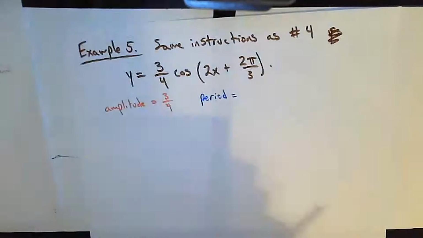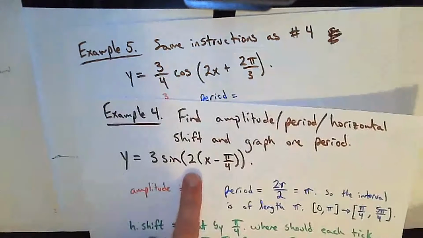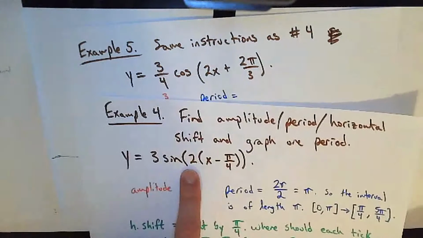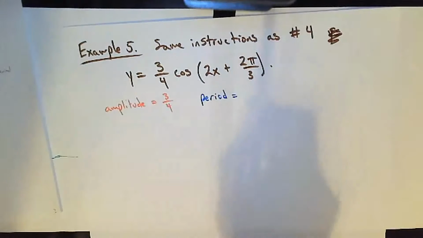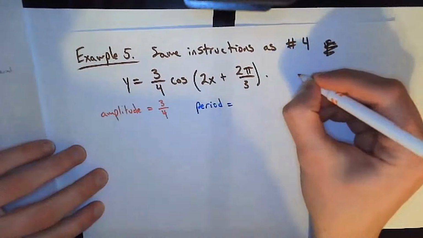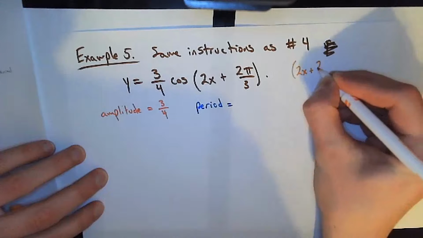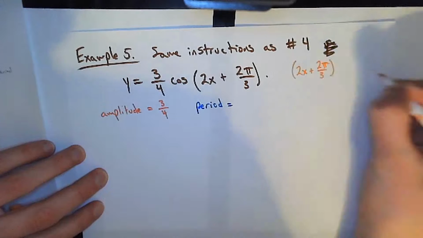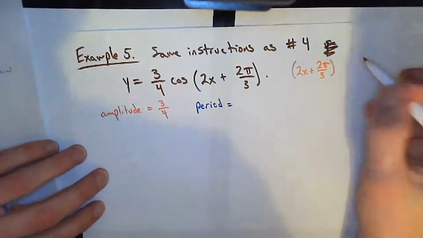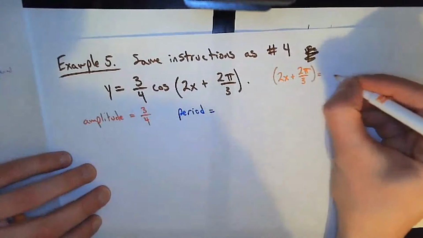So that's a problem because ours is not written like that. You notice example 4 was written like that, with that 2 pulled outside. We can get this one like that though. Let's just write it like this, just taking that internal part. There's no need to write the whole thing just for this little part we're doing here.